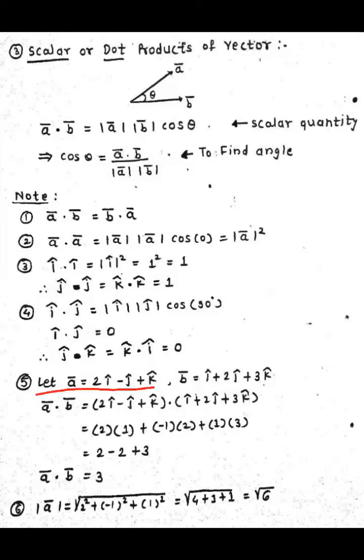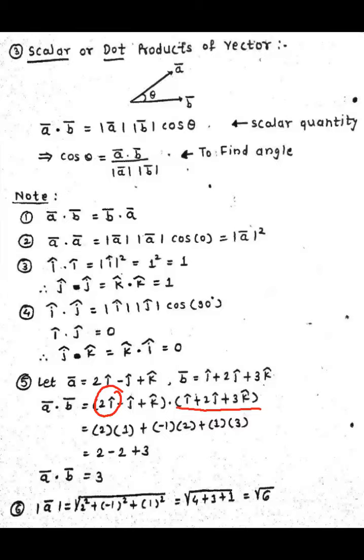Now, let us see how to find the dot product of two vectors. For that, consider a bar is 2 I cap minus j cap plus k cap, and b bar is defined as I cap plus 2 j cap plus 3 k cap. Then the dot product a bar dot b bar, just put the values of a bar and b bar. Now take the dot product here, term by term. As usual, take the first term and multiply it throughout the full bracket.